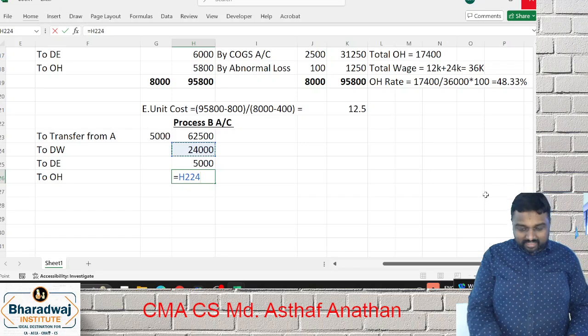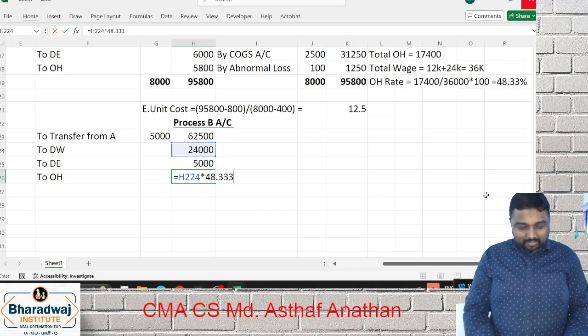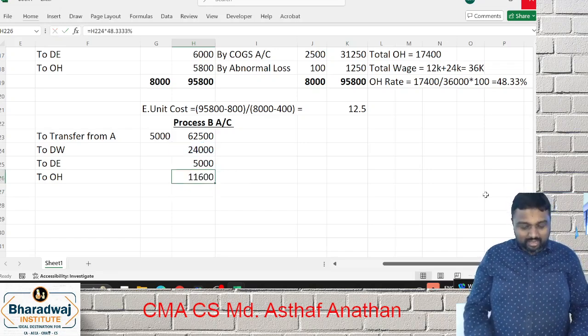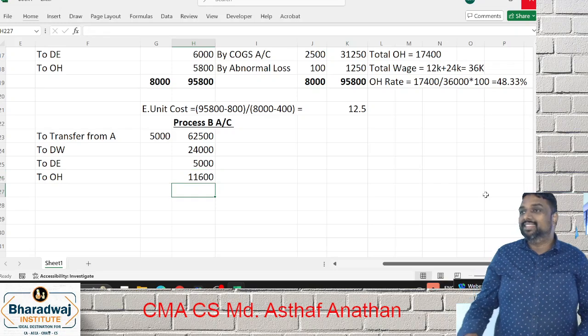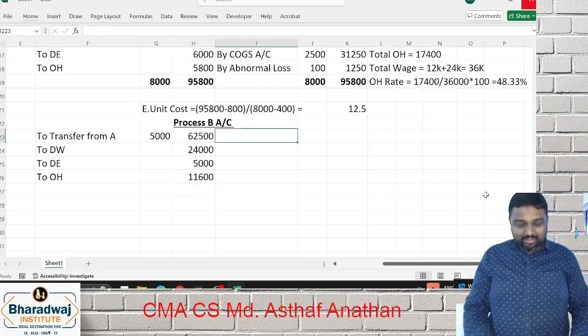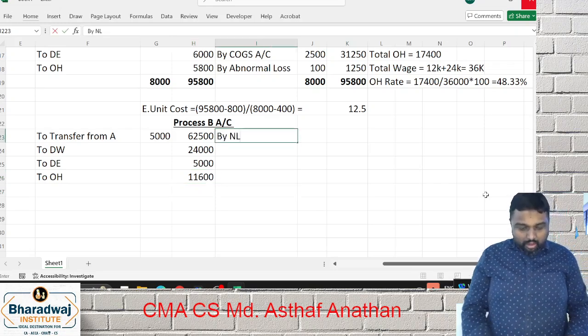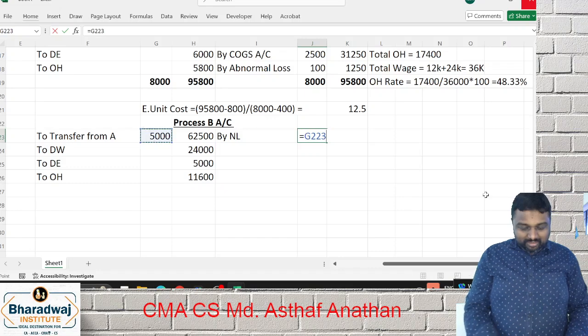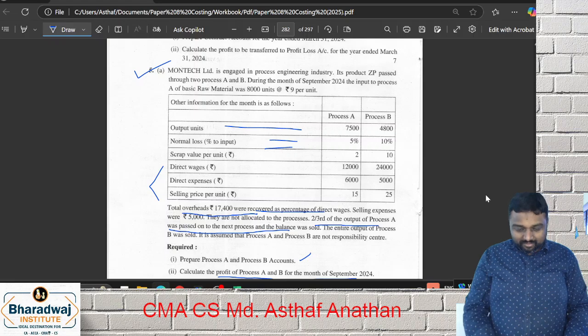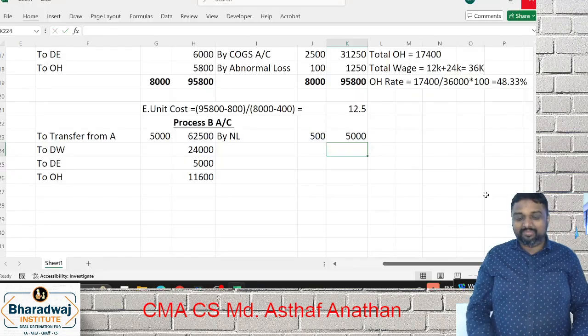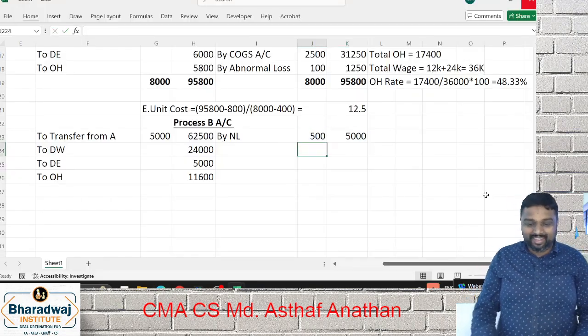What is the wage in that? At 48.33 percentage, you will get 11,600. Here you go the same way by normal loss. Here 5,000 into your scrap value, what is it? 10 rupees. Hope all of you are clear.